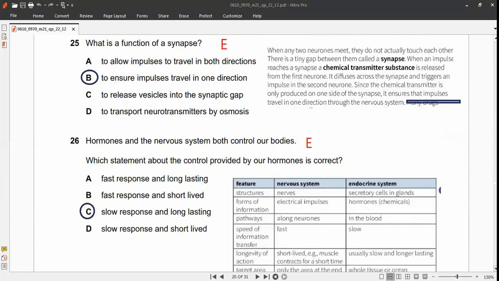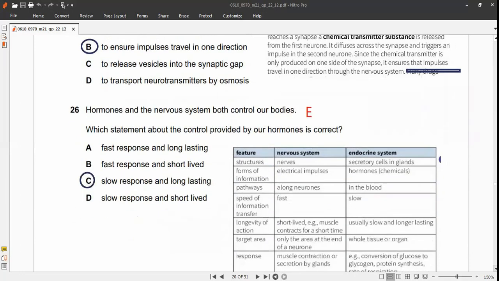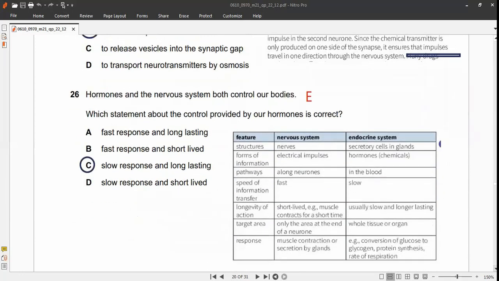Hormones and the nervous system both control our bodies. Which statement about the control provided by our hormones is correct?